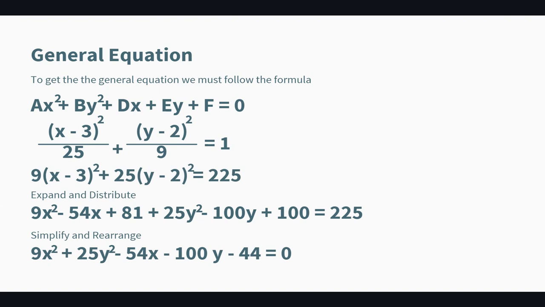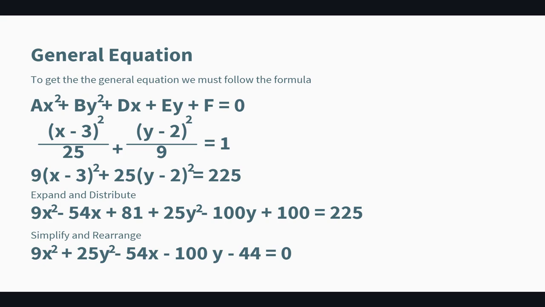Now on to the general equation. To get the general equation, we must follow the formula Ax squared plus By squared plus Dx plus Ey plus F is equal to 0. Since our equation earlier is (x - 3) squared all over 25 plus (y - 2) squared all over 9 is equal to 1, we just have to do a cross multiplication in order to eliminate the fraction. So we'll have here 9 multiplied to (x - 3) squared plus 25 multiplied to (y - 2) squared is equal to 225. 225 comes from 9 times 25.